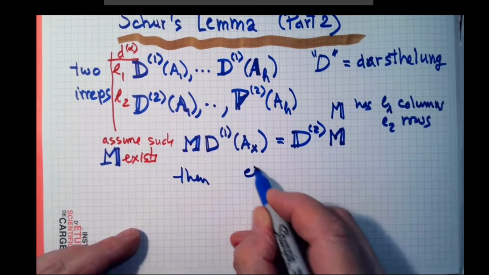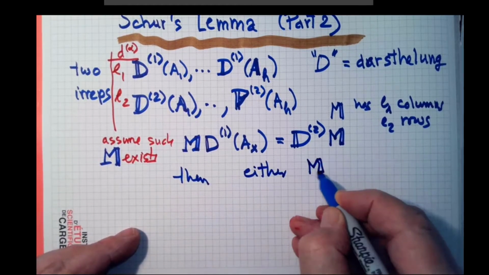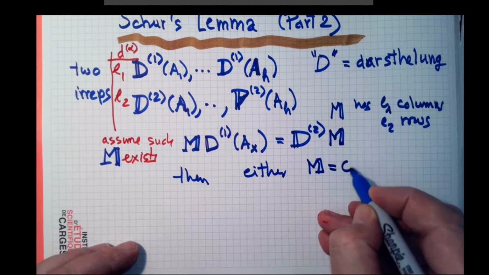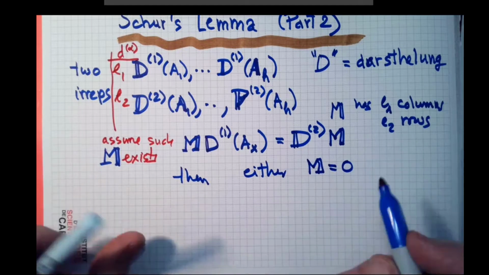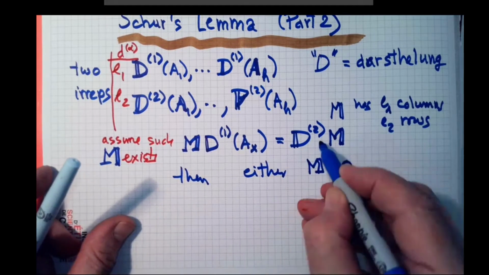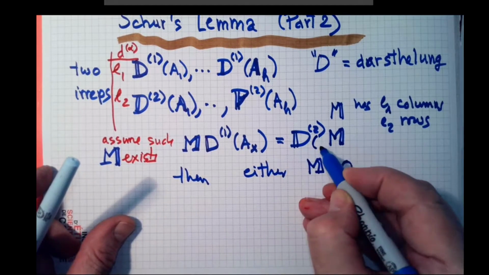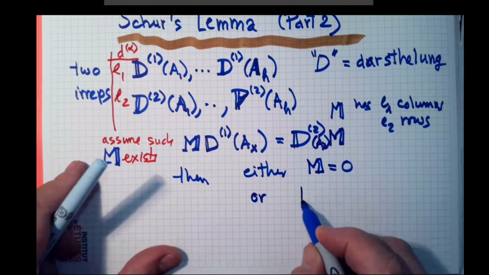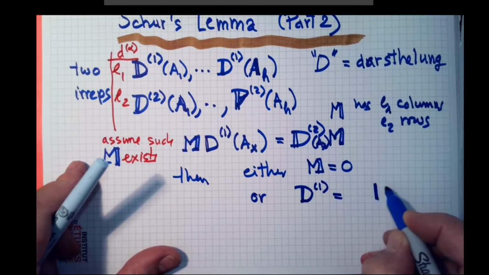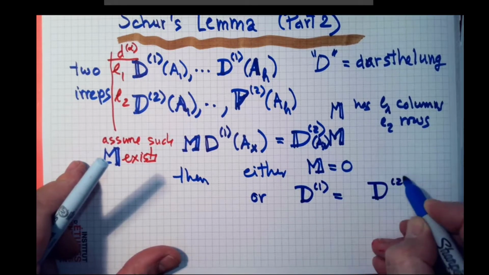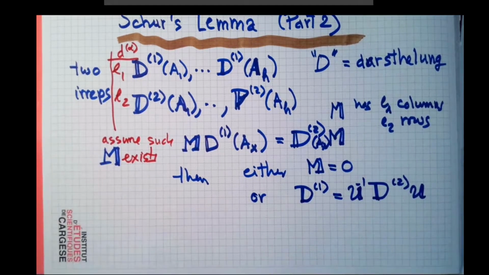Then either M equals 0. So that matrix is impossible. I can't convert these guys into each other. Or D1 is a similarity transformation of D2. Now, whenever 2 representations are related by a similarity transformation, they're morally the same representation.